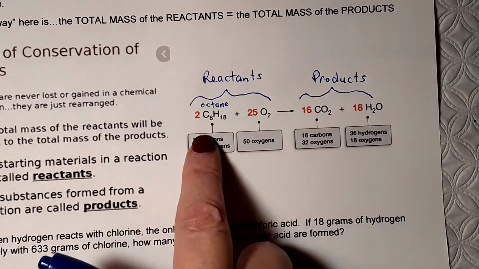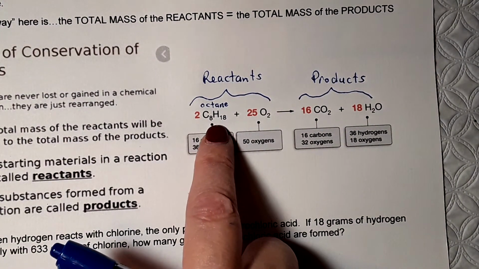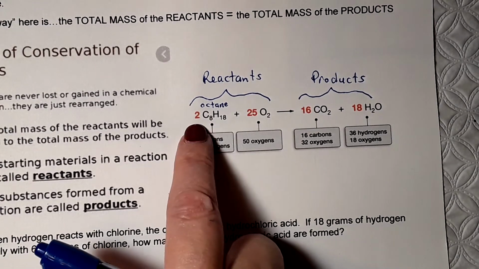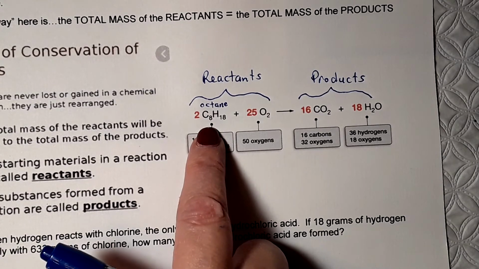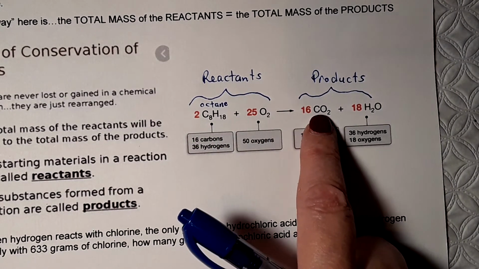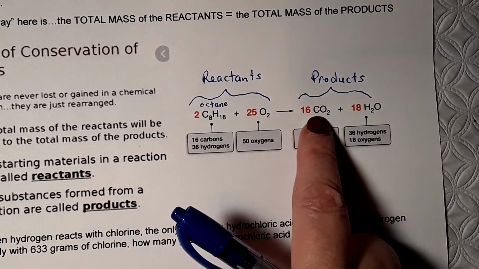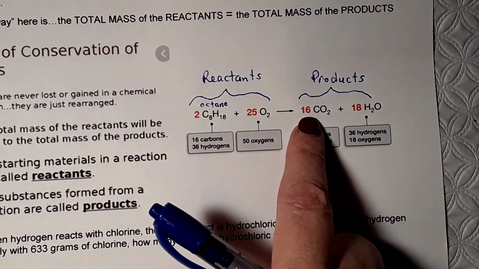Well, look. If we have 2 octane molecules, that means we have 8 carbon atoms each, and since we have 2 molecules, 2 times 8 is 16 carbon atoms total on this side. Look how many we have on this side. 1 carbon, and we have 16 molecules. We have 16 atoms of carbon here too. 16 here, 16 here.